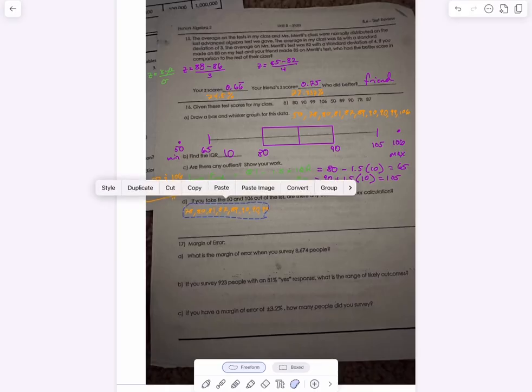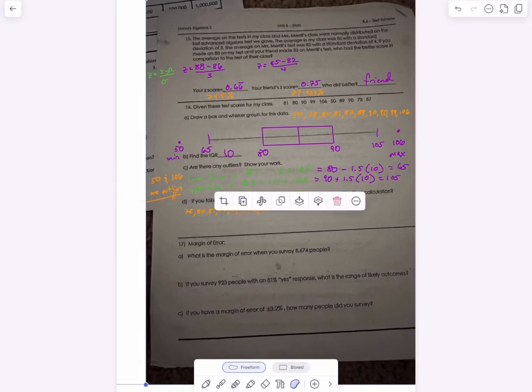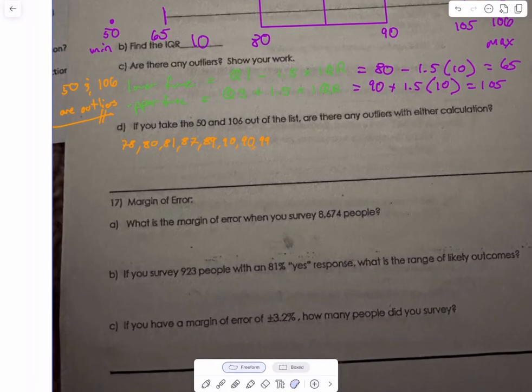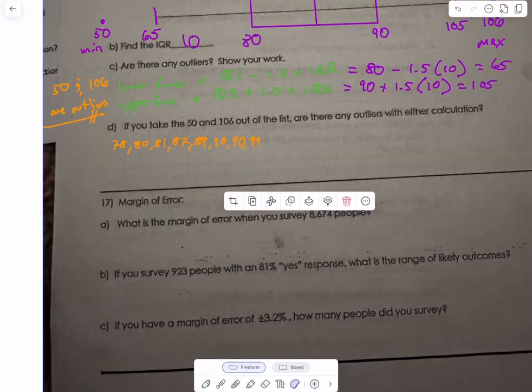Okay. So we remove the 50 and the 106, and we basically want to redo the box and whisker. It's kind of acting up because I'm drawing on a picture. So we got 8 values, 1, 2, 3, 4, 5, 6, 7, 8.